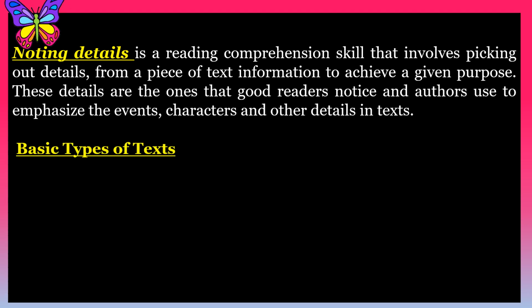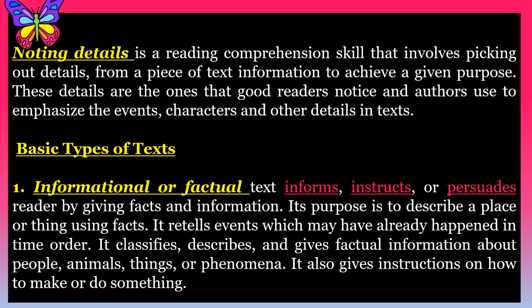We have two basic types of text. The first one is informational or factual text. It informs, instructs, or persuades readers by giving facts and information. Its purpose is to describe a place or thing using facts.